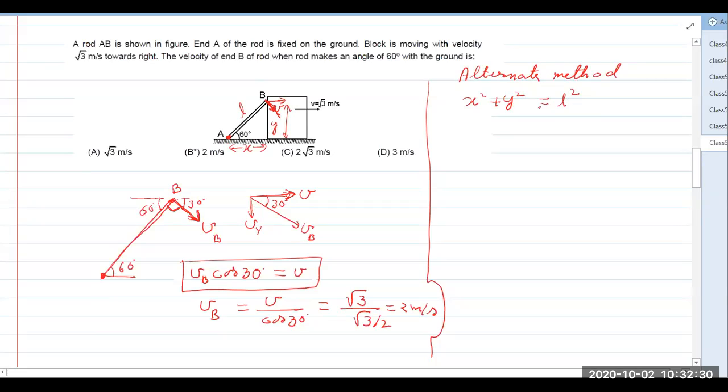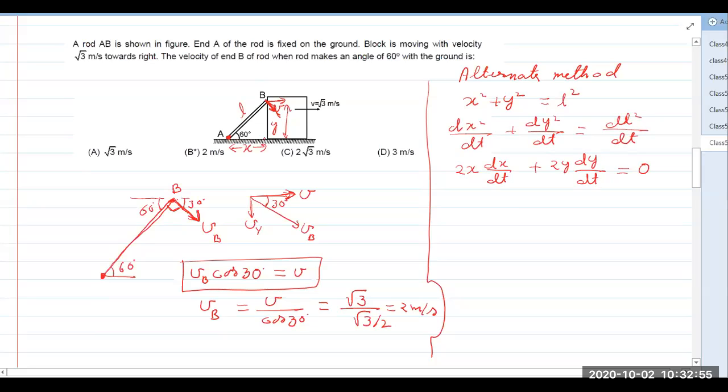Now we differentiate it: x square with respect to t, y square with respect to t, and L square with respect to t. It will be 2x dx by dt plus 2y dy by dt, and here it will be 0.